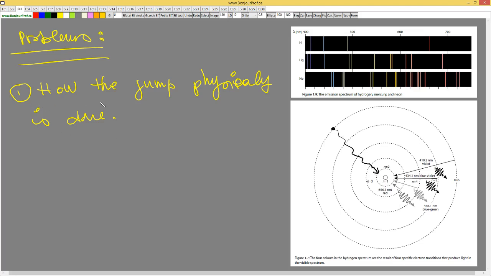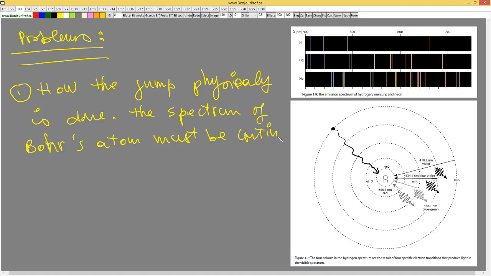So this is the first problem: how the jump is physically done. The spectrum of Bohr's atom must be continuous. So this is the first problem.